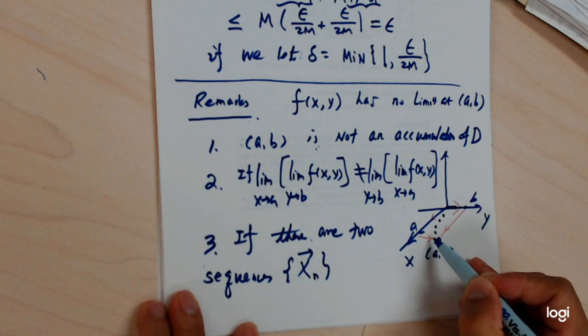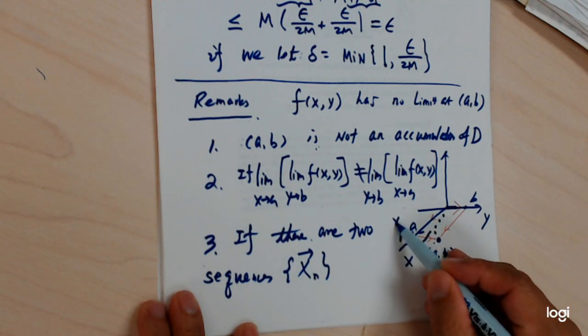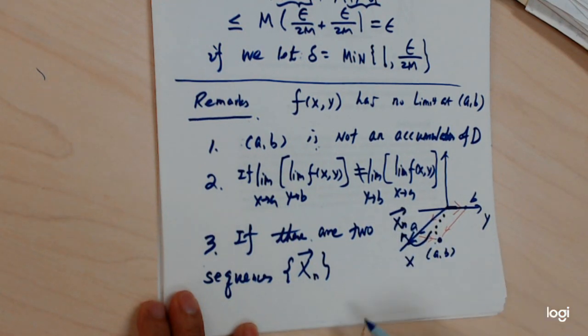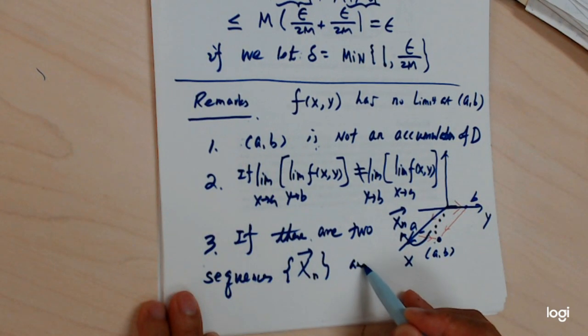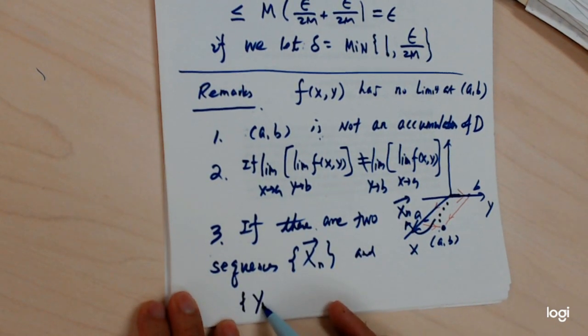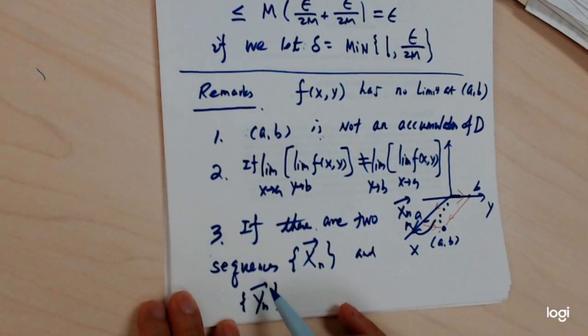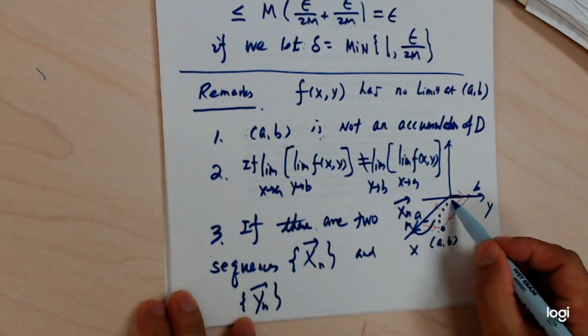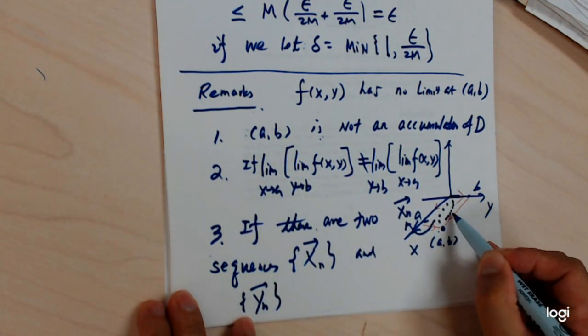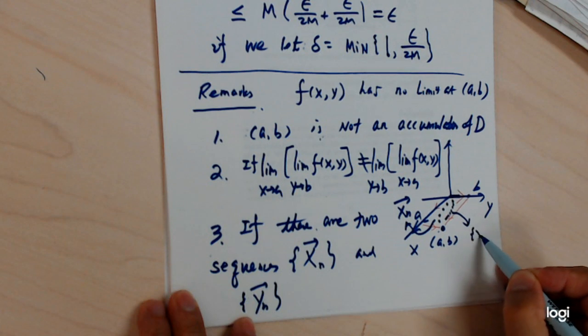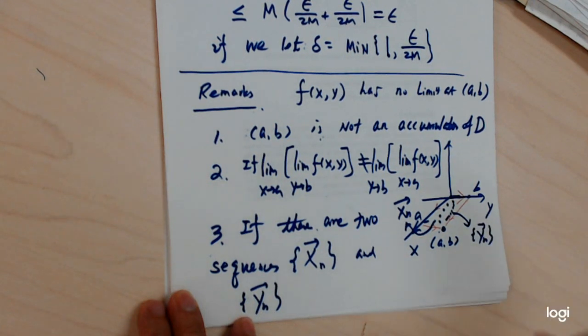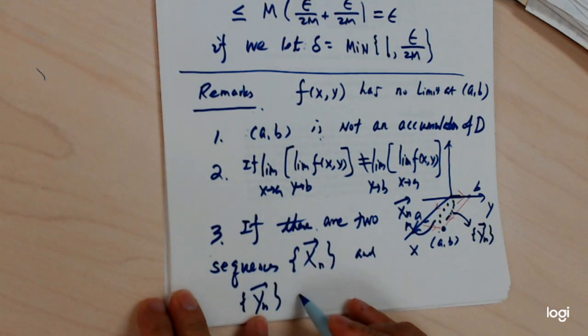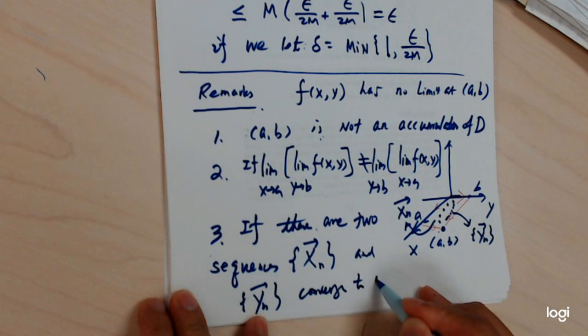So I can take this sequence to be, say, x_n. And another sequence that we call y_n. Once again, y_n does not refer to the y value; rather it refers to a different sequence here. If there are two different sequences that both converge to (a, b).